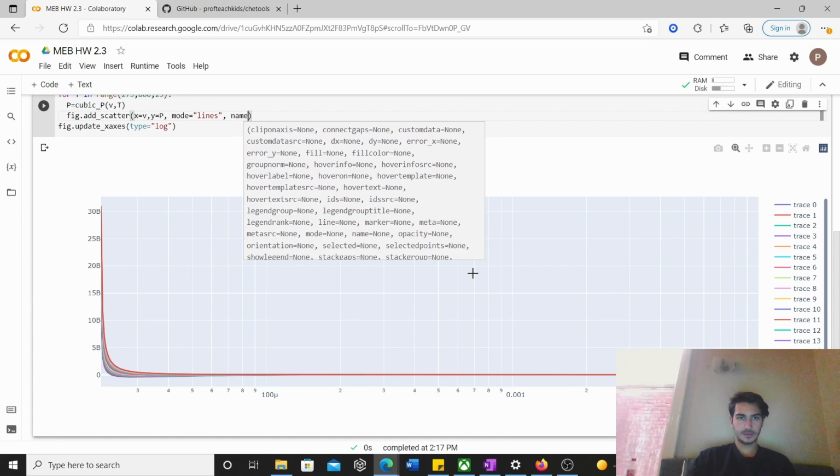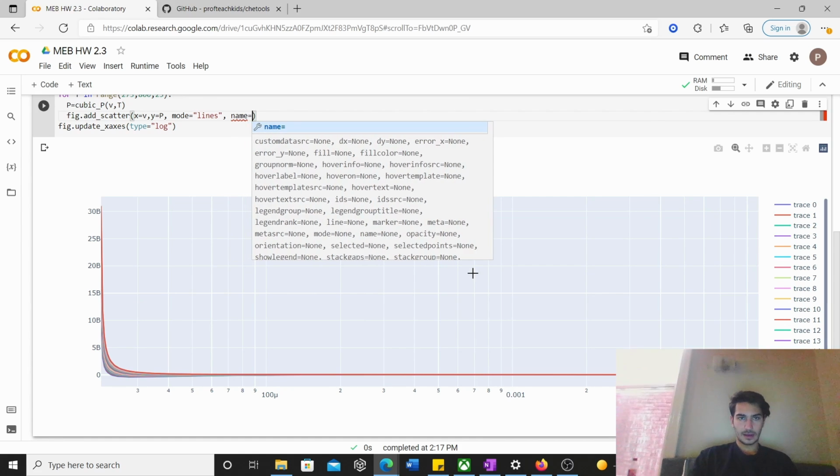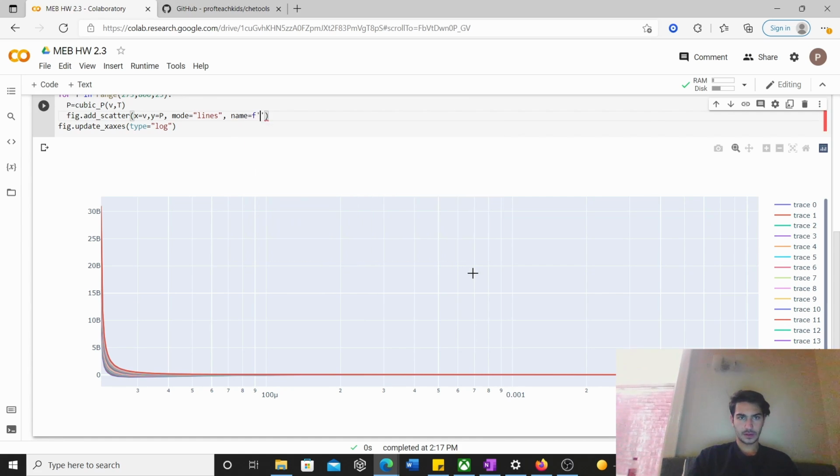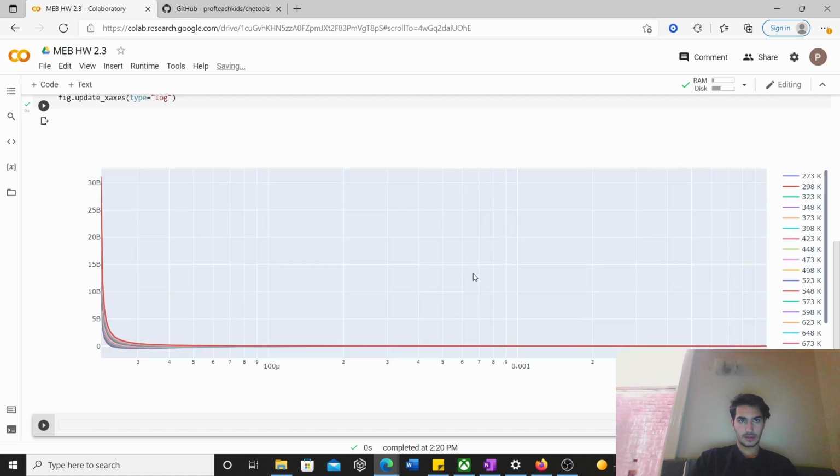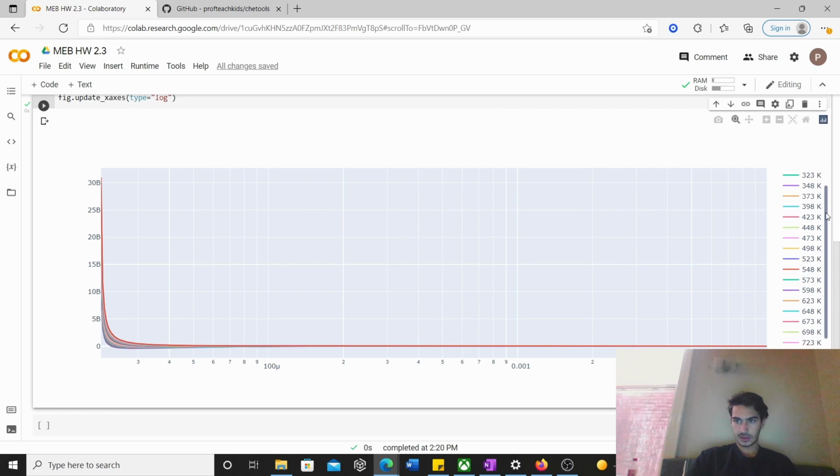So what we're going to do is name, and then we're going to use an f-string with the current temperature t, and then it's going to be in Kelvin, right? So let me press Shift Enter. Right now on the right hand side we have all the different temperatures given to us in actual Kelvin, not just as numbers, right?